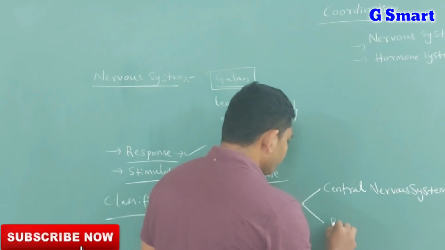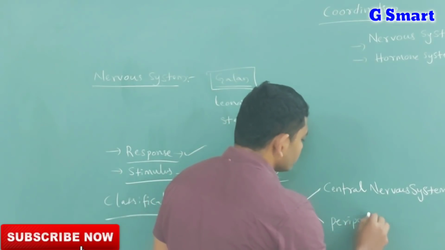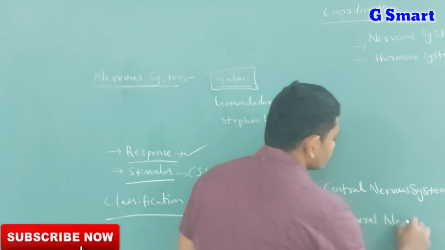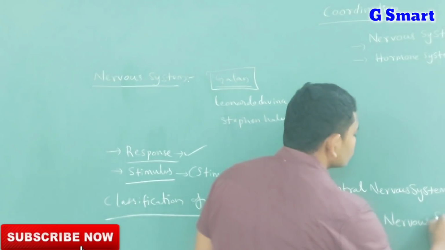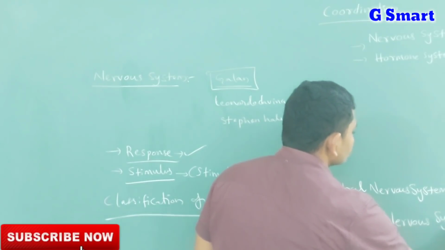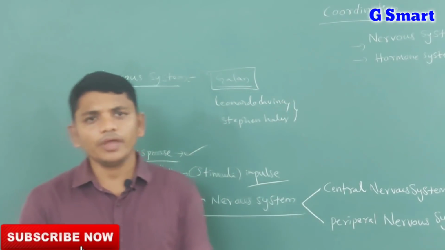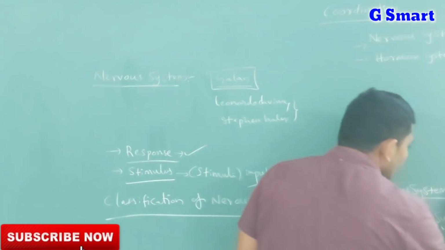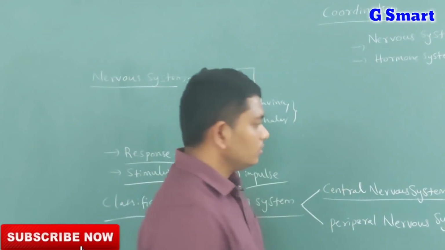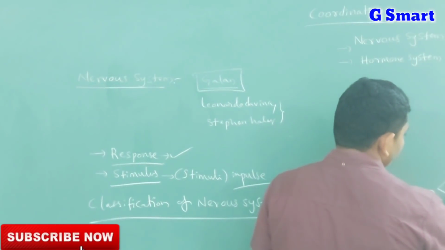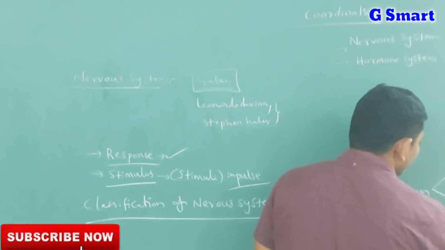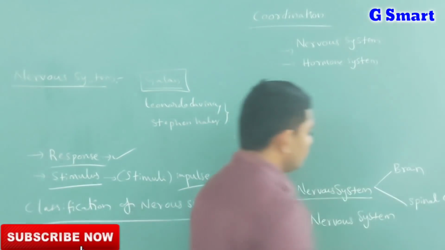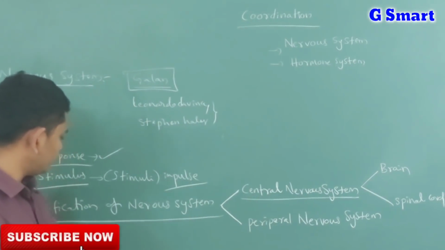Second one is peripheral nervous system. Again, the central nervous system is classified into two types, that is brain and spinal cord. So, this is the classification of our nervous system.